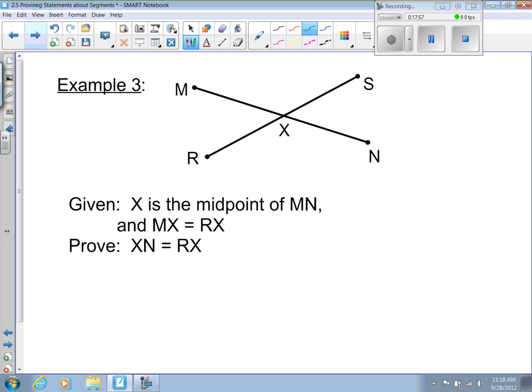Video is getting kind of long already, so I'm going to try to just walk through example 3. When you're given that x is a midpoint, you could start with that given. Okay, so you have your statements, and here I don't even have a thing set up for you.